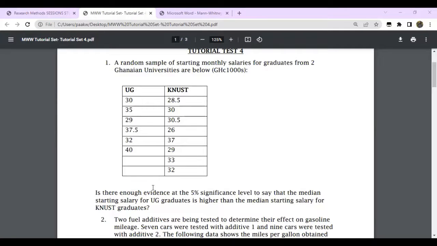Is there enough evidence at the 5% significance level to say that the median starting salary for Legon graduates is higher than the median starting salary for KNUST graduates? Just list down the values for Legon and KNUST, but I'm going to switch back to the whiteboard for us to solve.